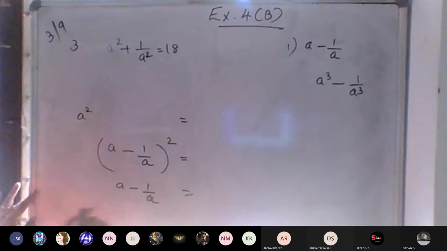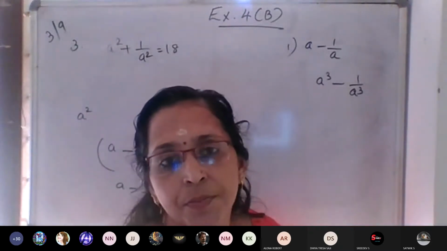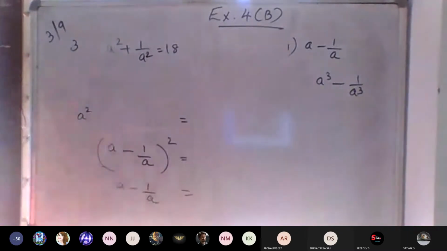Don't write. I gave time. Now no need to write. First listen to me. After that I will give you time. So what will be a minus 1 by a whole square?